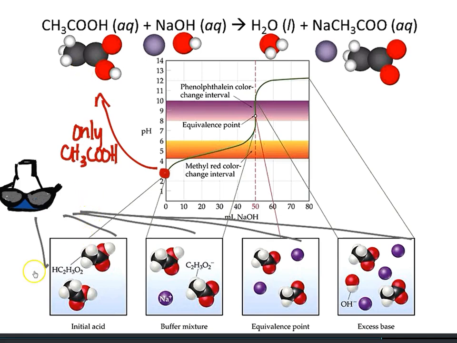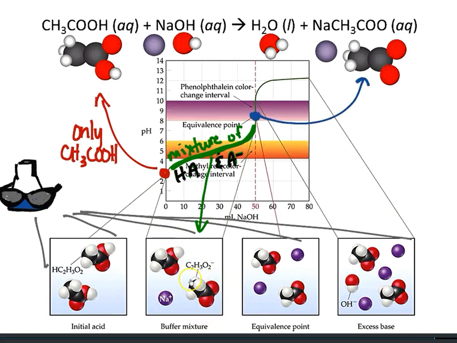So that's this point in the curve. Initially all you have is acetic acid. Now along the transition point, before we get to the equivalence point, you have a mixture: some acetic acid is left, that's what you see here, and then some of it has been neutralized to form acetate ion. So we have a mixture all along this green part here.